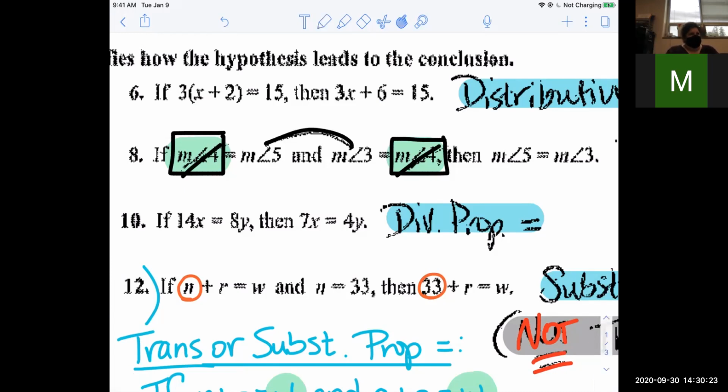Can somebody explain why substitution is also the correct answer? Anybody who hasn't talked to me today? Jake, I'm seeing your nose. I don't want to see your nose. Jerron, your nose is poking out now too.